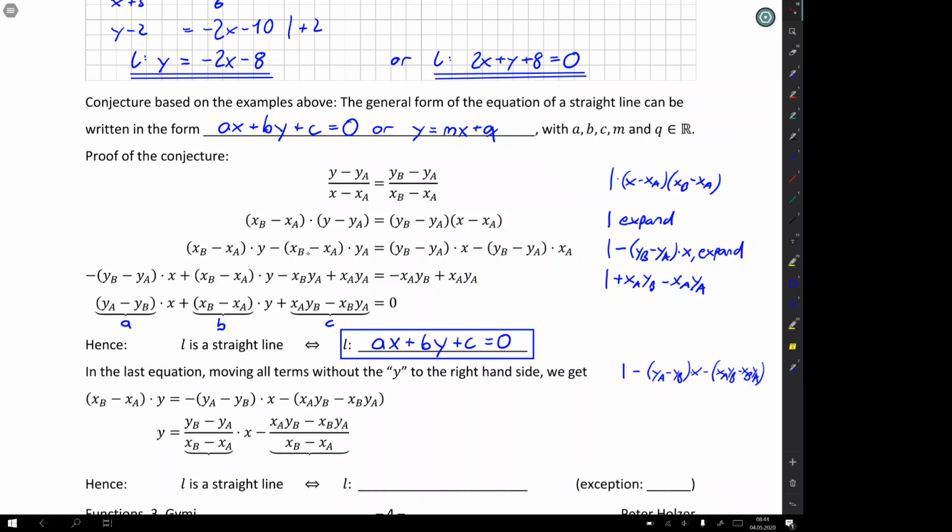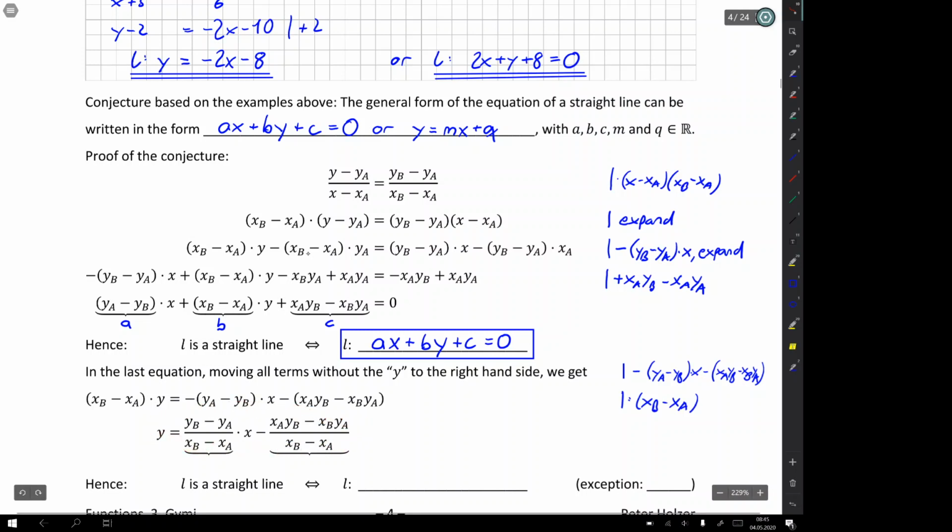To get the other form of the straight line, we just look again at this equation here and we subtract this expression, so minus (ya minus yb) times x, and this expression, minus (xa yb minus xb ya), and we get this expression here. In the next step, we divide by the factor in front of the y, which means we divide by xb minus xa, and we get this expression here.